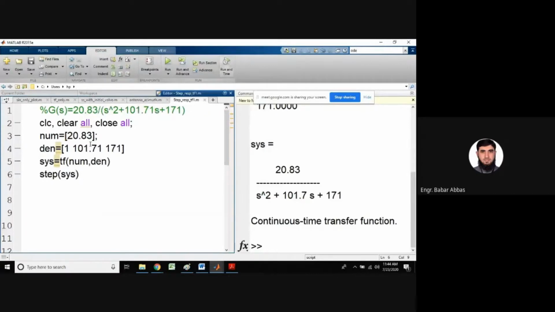Similarly, if you are interested to find the impulse response of this transfer function, I can write impulse.